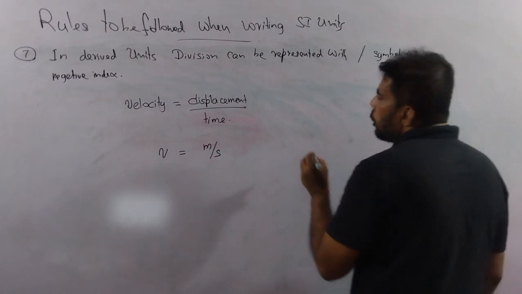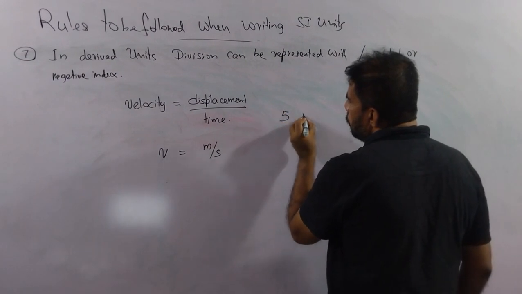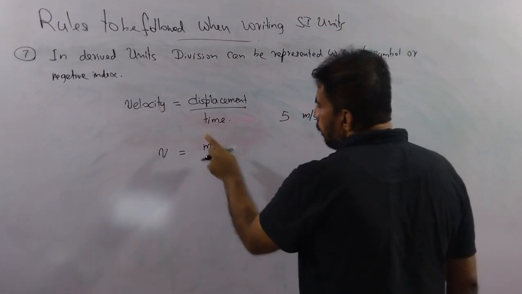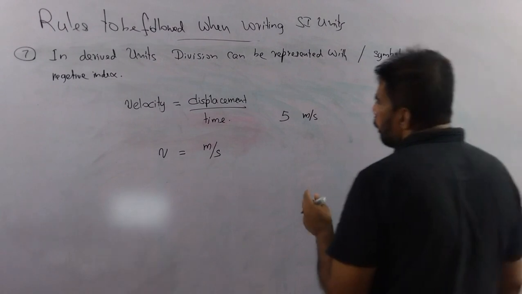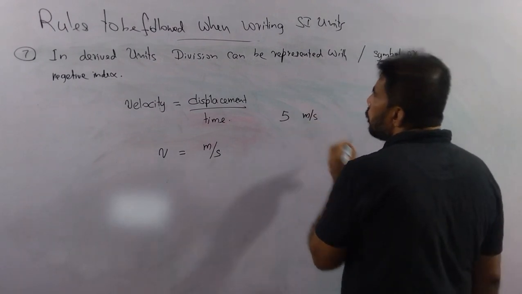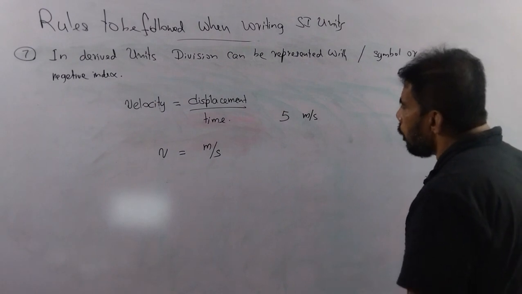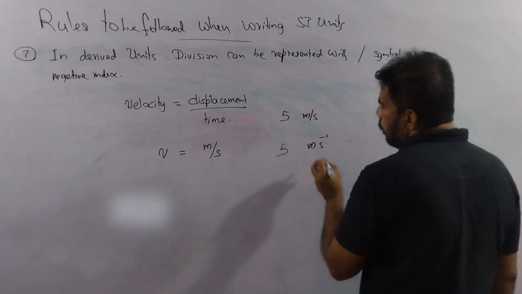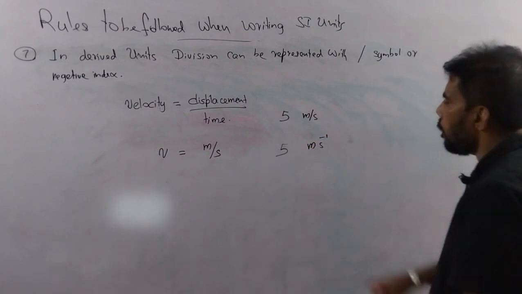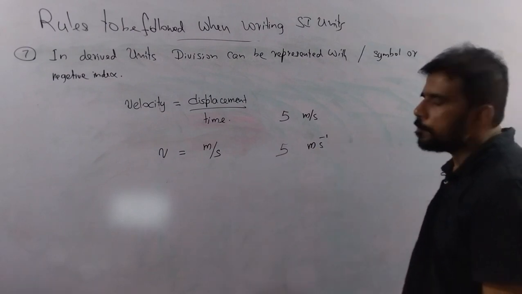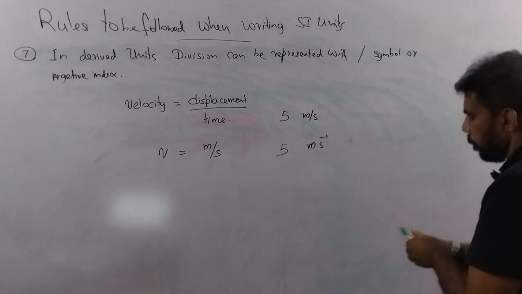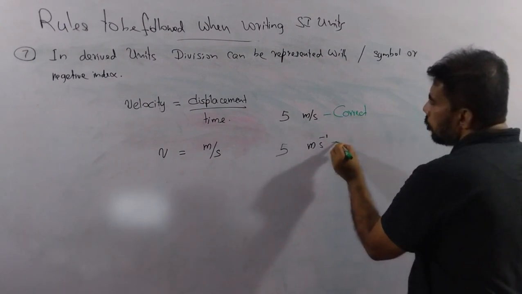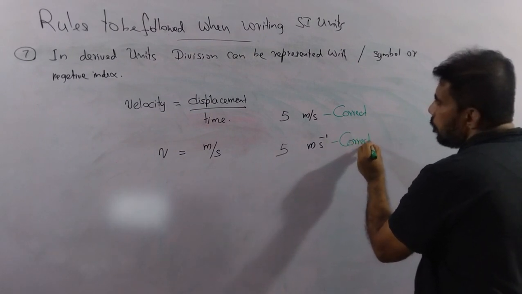So a velocity of 5 meters per second we can represent as 5 meters per second, or with a negative index, that is I can take s from the denominator to the numerator and change its index to -1. What I can write is 5 m s^-1. But here keep in mind we have to keep a space in between. So both of them are correct.